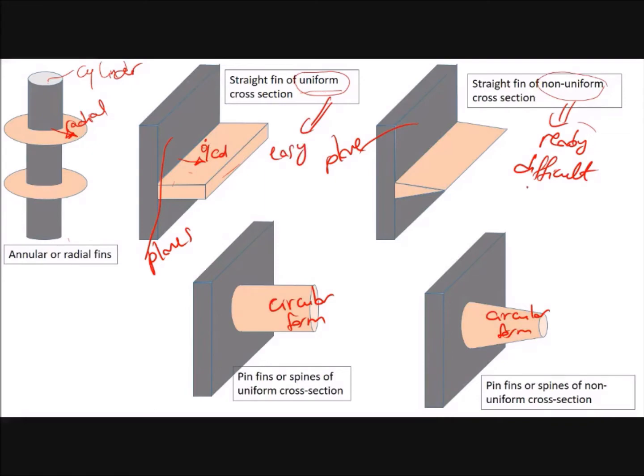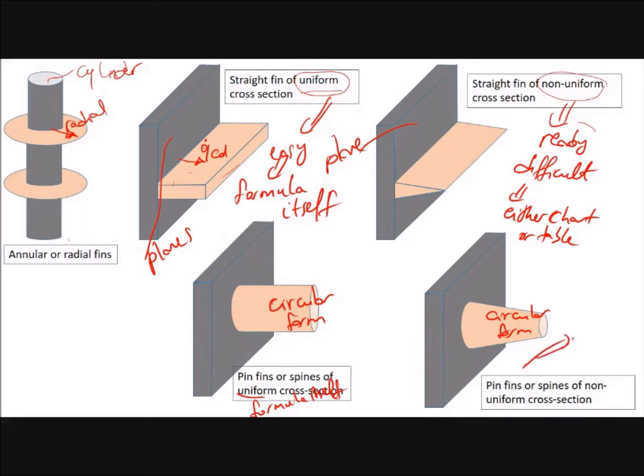If the area is non-uniform, we will use either charts or tables. But for this one we will use the formula itself. Similar here, if it is uniform, you use the formula itself. If it is non-uniform, we are using a chart or a table.